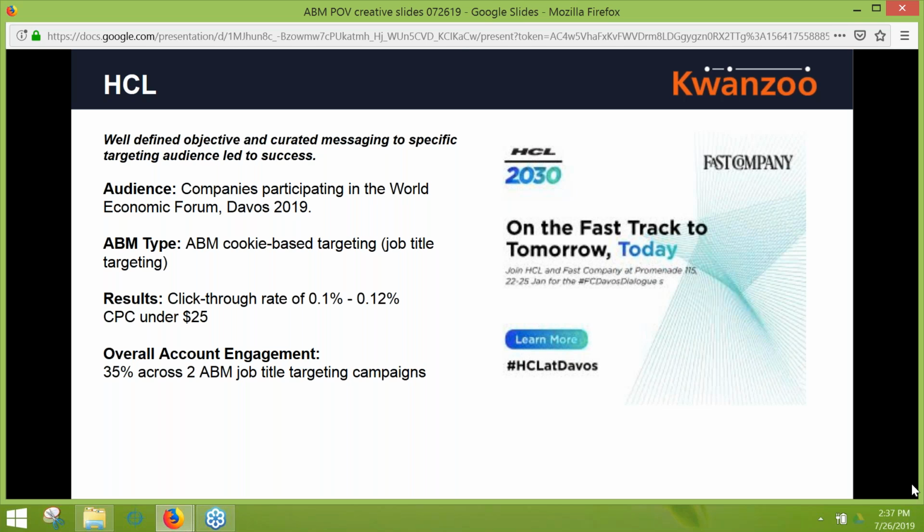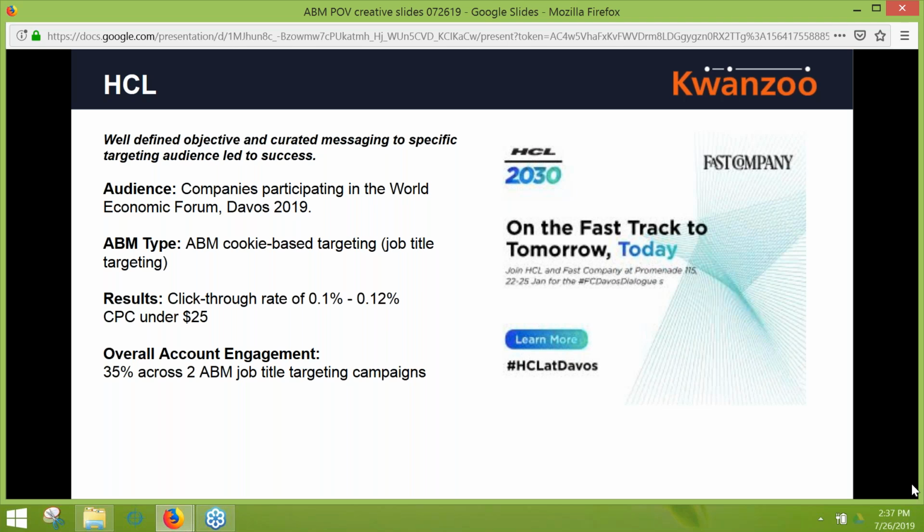going into Davos. And again, CTRs were quite strong, 0.1 to 0.12%, with strong cost per click. And again, they were looking at driving north of 25, 30, 35% engagement of all the accounts that were being targeted. So the last one was more of a demand gen use case, where you want to go deep and have lots and lots of buyers.